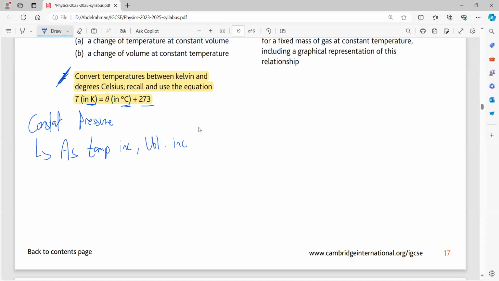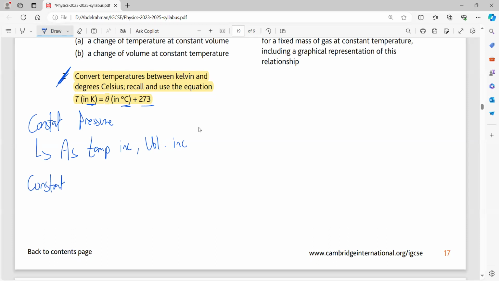If you heat up the balloon, what will happen? The volume will increase. This is due to constant pressure, and vice versa. If I decrease the temperature, the volume will decrease. Constant pressure. What about constant volume?